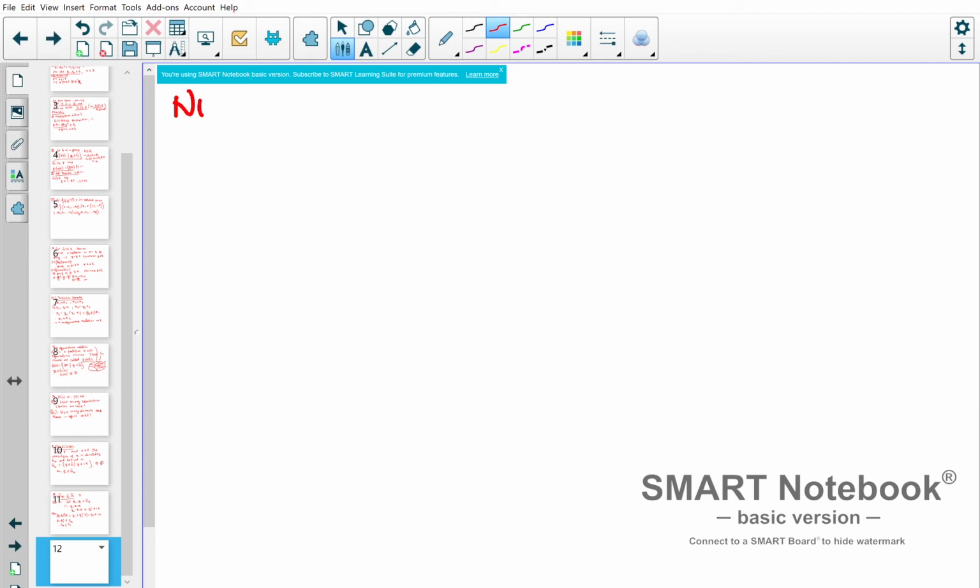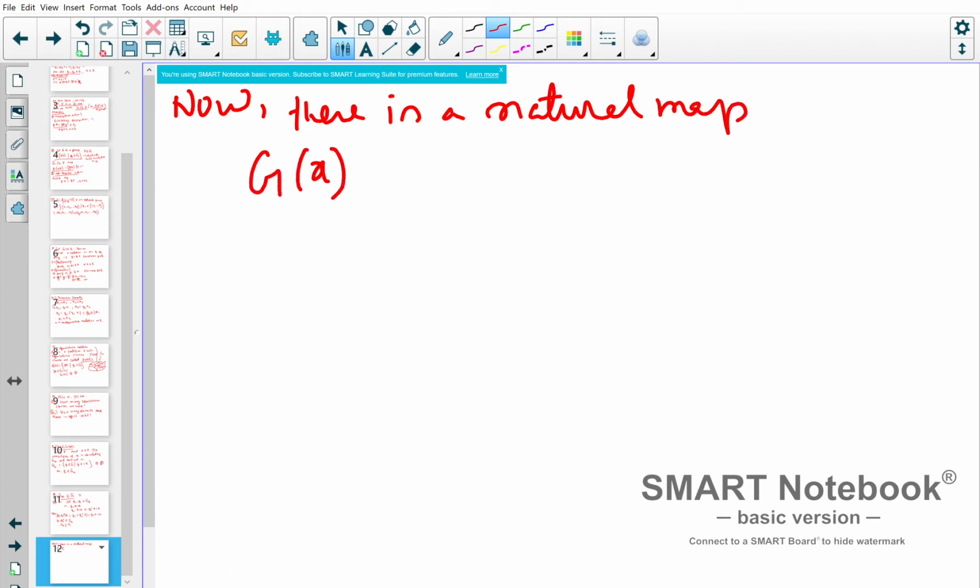Now you see you have a natural map. What is the map? From the orbit of x to G over Gx. I am not writing this as a quotient group; I am writing it as the collection of left cosets.